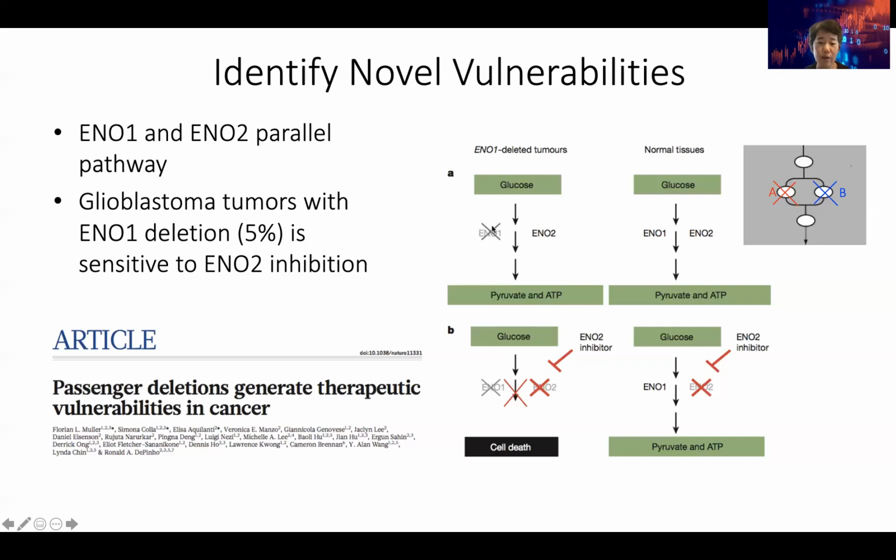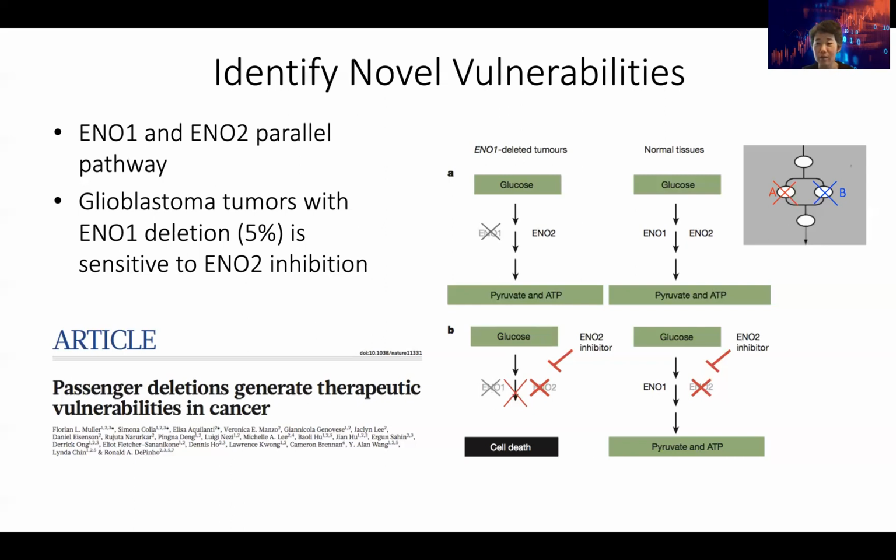Without ENO1, the cancer cell can still grow because it still has ENO2 to help it metabolize glucose. But interestingly, ENO2 has a small molecule inhibitor. When you treat the cells with this ENO2 inhibitor, the normal cells are okay because they still have ENO1 to help metabolize glucose, but the cancer cells will die because they do not have ENO1 anymore due to the deletion.